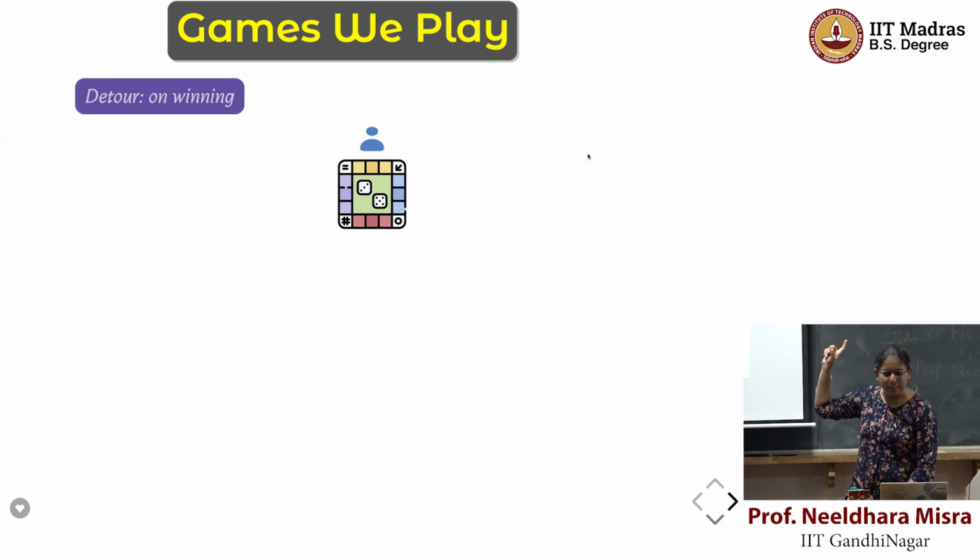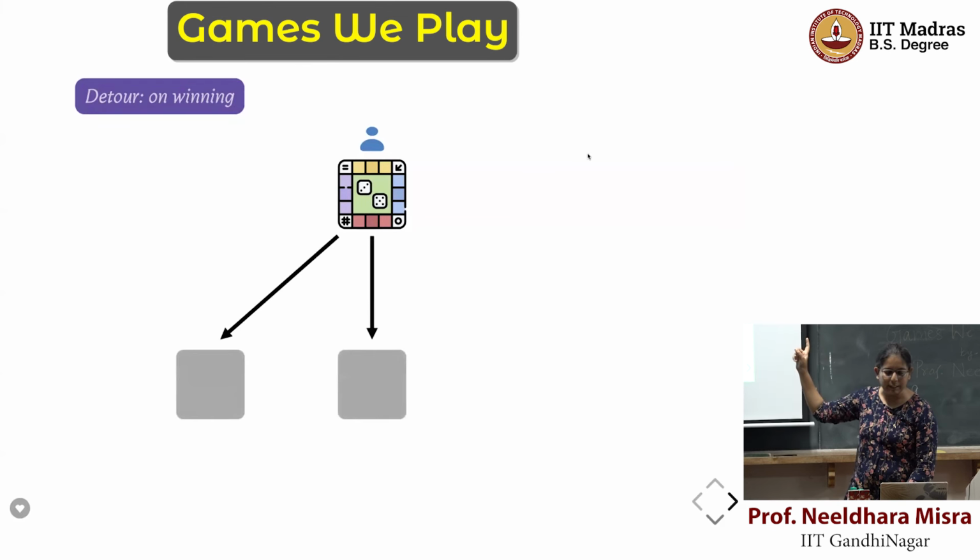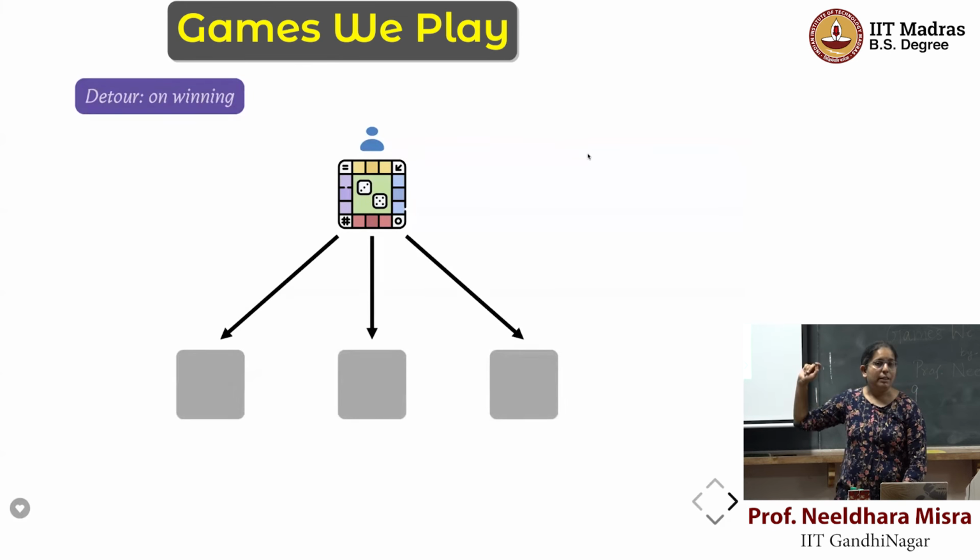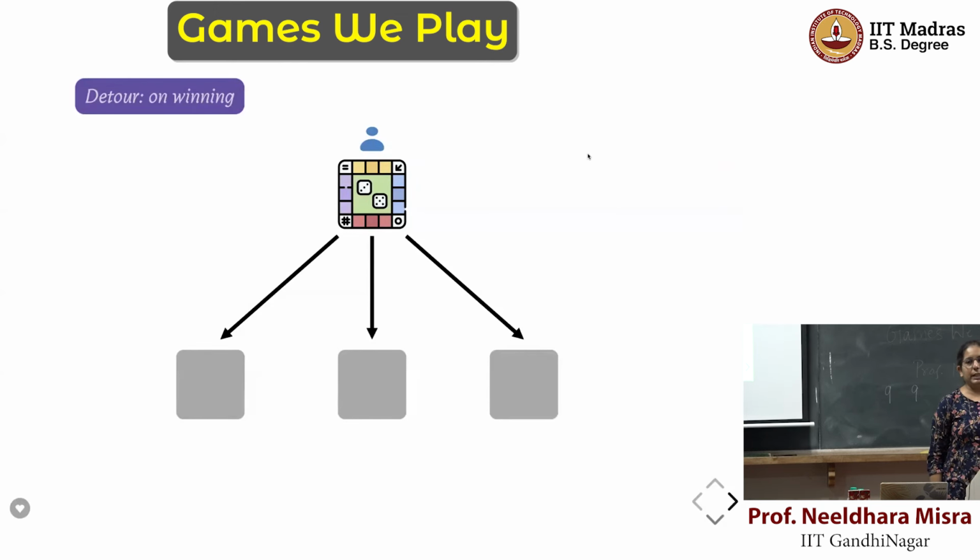So the first player has a bunch of options, and let's state this as an inductive hypothesis that on all smaller games, it's true that if you are turn-based, deterministic, perfect information, 2-player, and finite, then one of the players has a winning strategy. Let's say that that's inductively true.